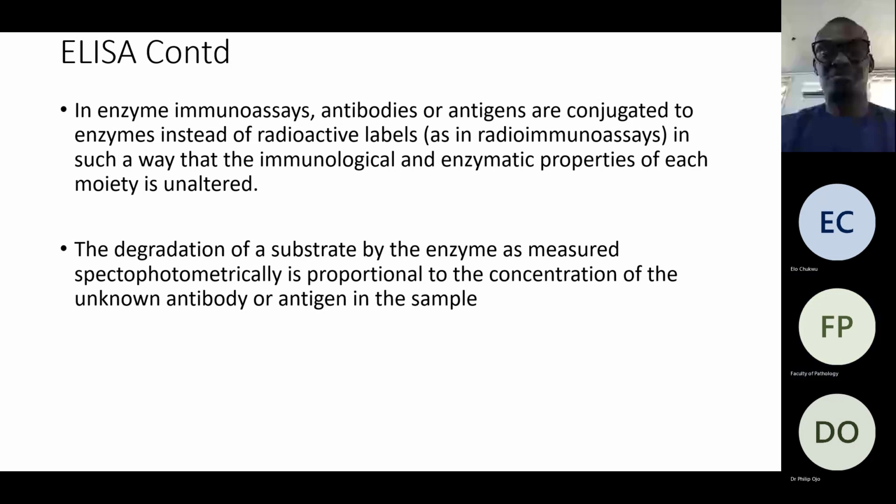Number one, the antibody or antigen is conjugated to an enzyme. Number two, this enzyme degrades a substrate, and the degree of degradation is proportional to the concentration of the antigen or antibody to which the enzyme was conjugated. So these are the basis for the test.